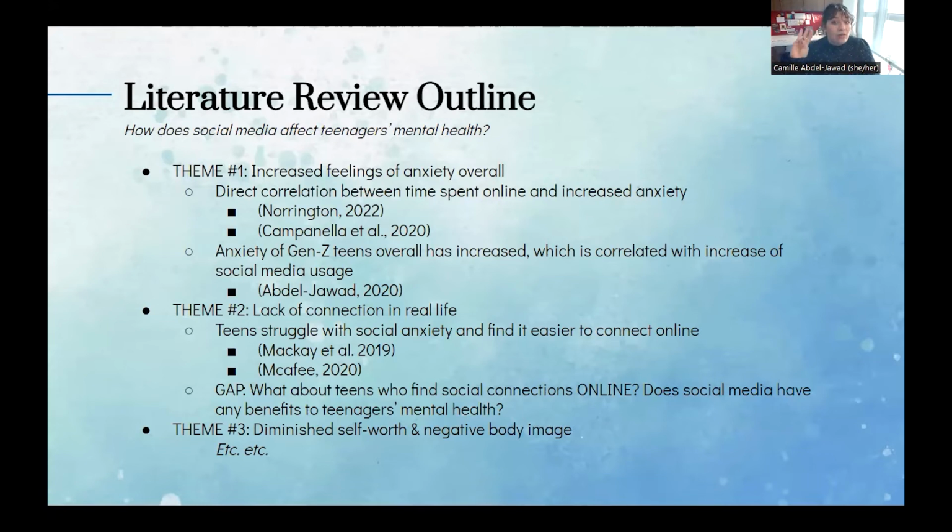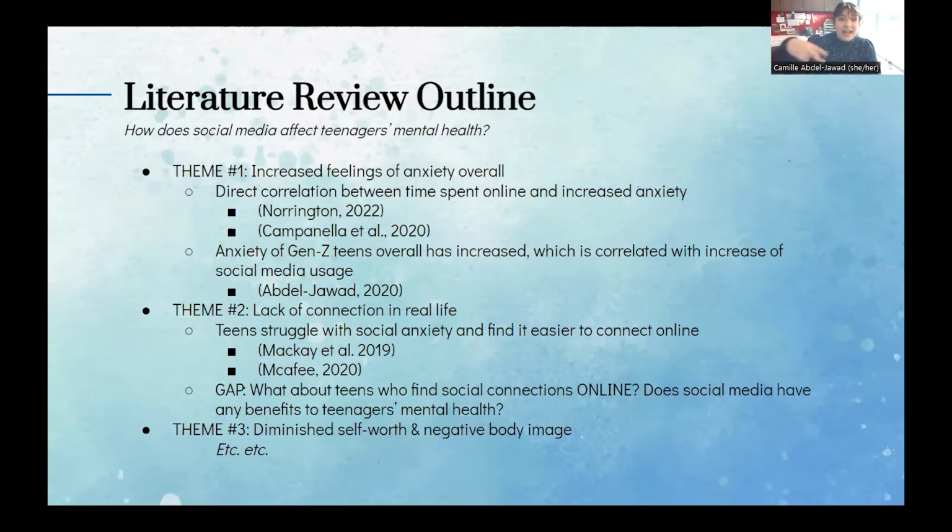So again, I found those 3 themes, and within theme number 1, I also noticed that there was a direct correlation between time spent online and increased anxiety. I know this because 2 of my sources pointed to this. So I have my overall theme, and below that a sub point that I want to make sure I hit in my literature review, the same as a paper.